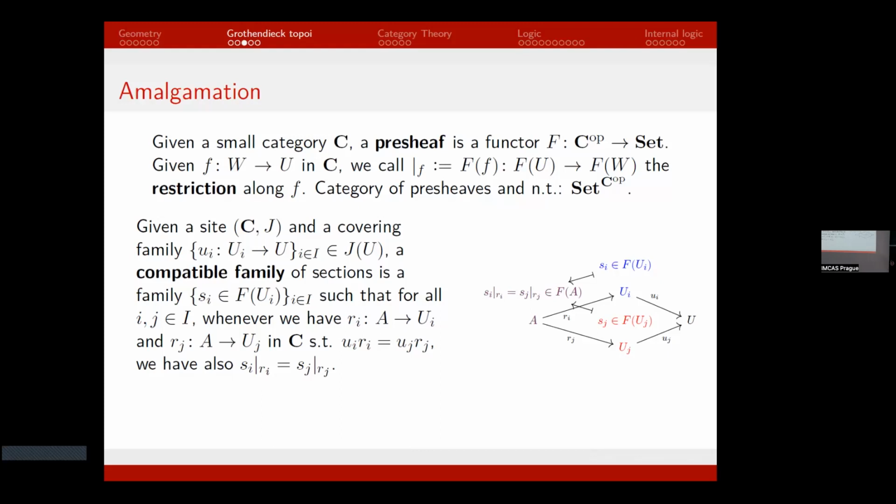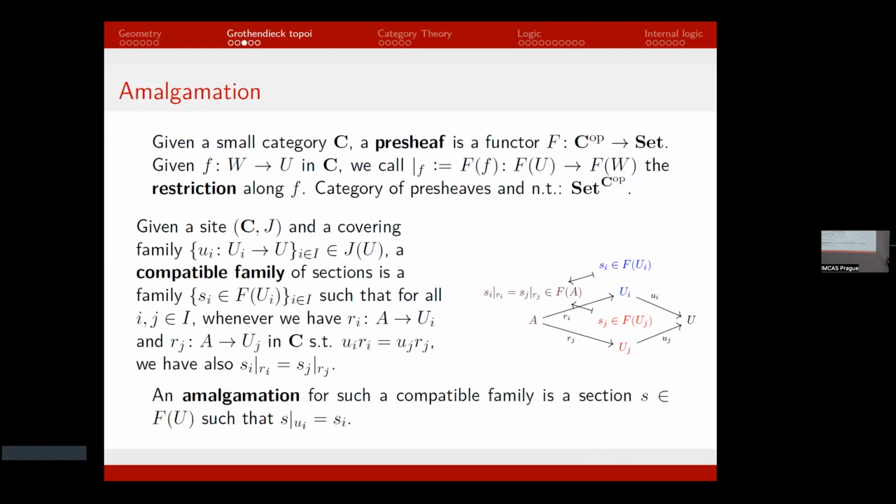Okay, what does it mean to glue these sections? It means that there exists a so-called amalgamation. What is an amalgamation? It's a section on the total space, the covered space, S, such that for every I, if we restrict S, this coincides with SI.